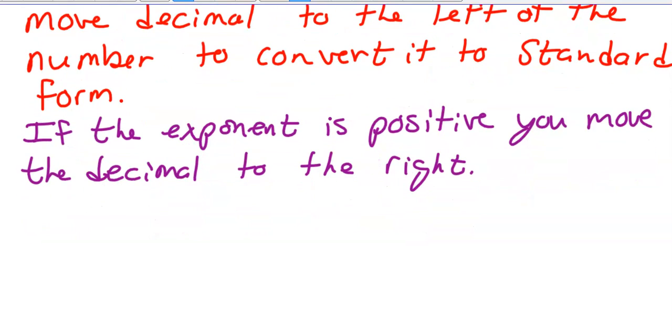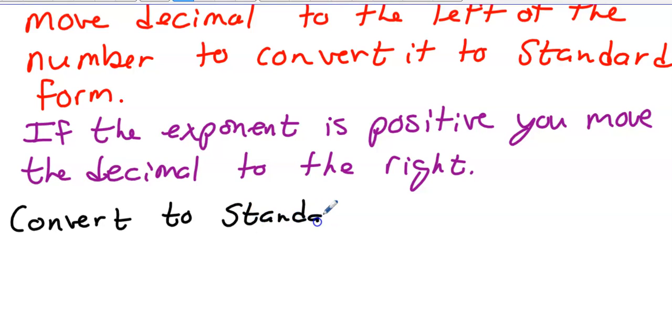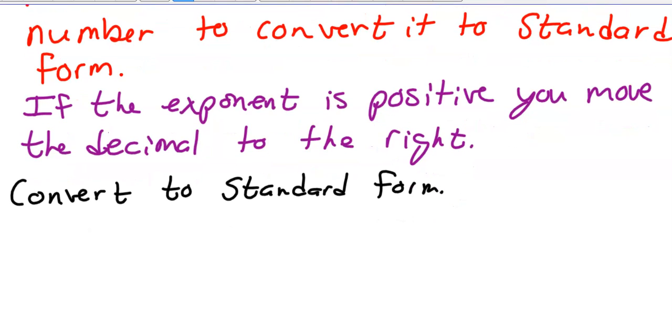So here's basically what we do. They'll tell you to convert something to standard form, or standard notation, sorry, I think that's the way it's actually worded.